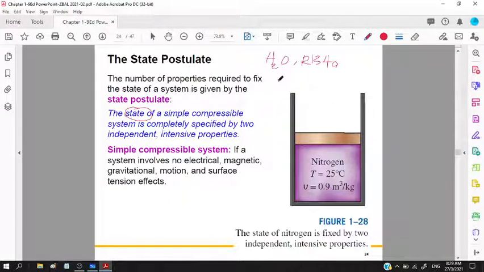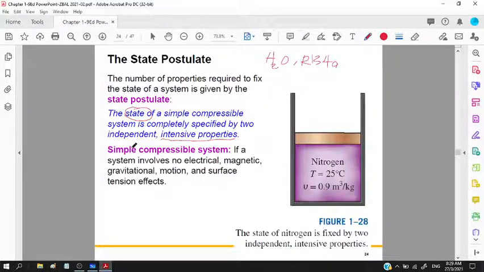It could be liquid, a mixture of liquid and vapor, or 100% vapor. And it is said that the state of this system could be completely specified if we know two independent intensive properties. So we know the meaning of intensive properties.